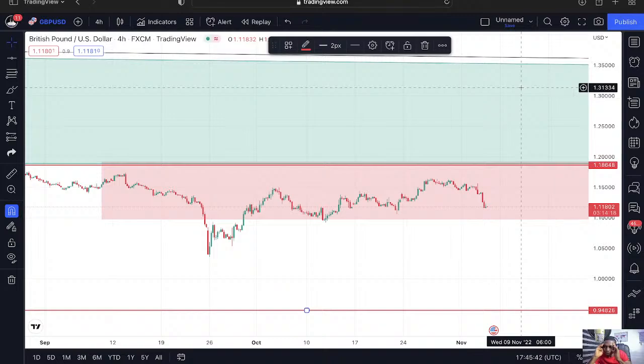It will give you a good perspective of what would most likely happen in the short term and what would most likely happen in the long term. All right, so multiple time frame analysis is for clarity purposes, in order to know which direction to go and which direction to stay away from.